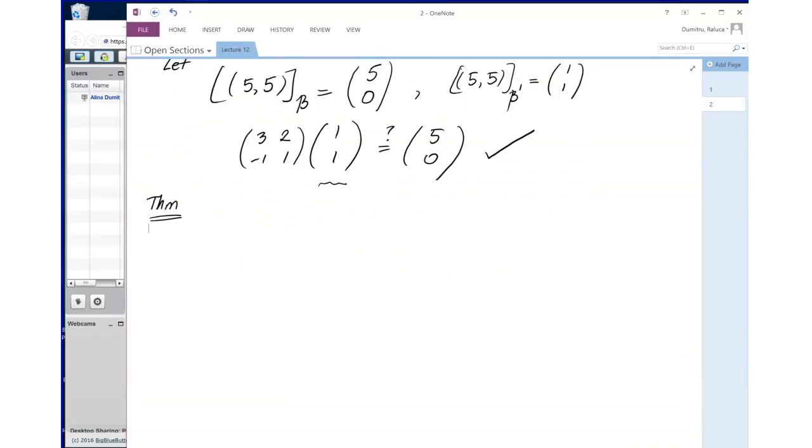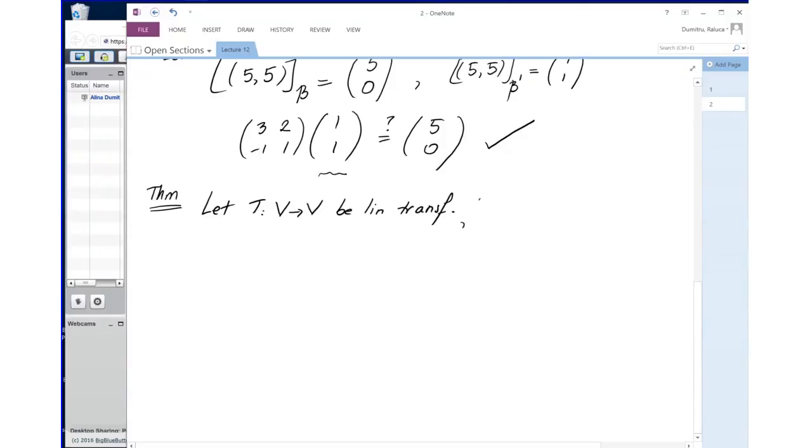Let T be a linear operator on V, so T from V to V is a linear transformation. V is finite dimensional. By the way, everything that I'm saying here about transformations is in a finite dimensional setting, because that's when the matrix of a transformation will be a finite n by n matrix.